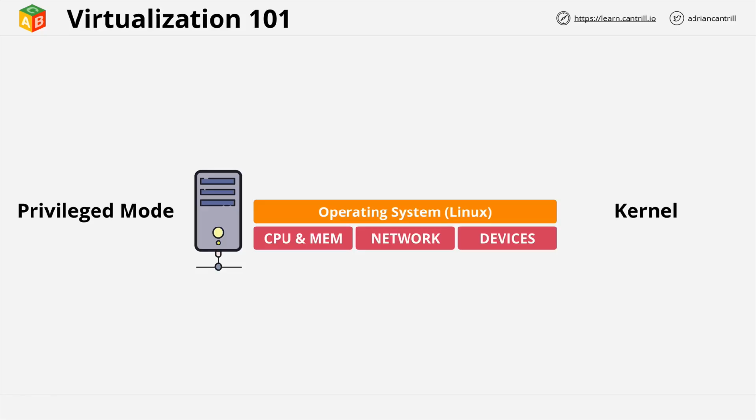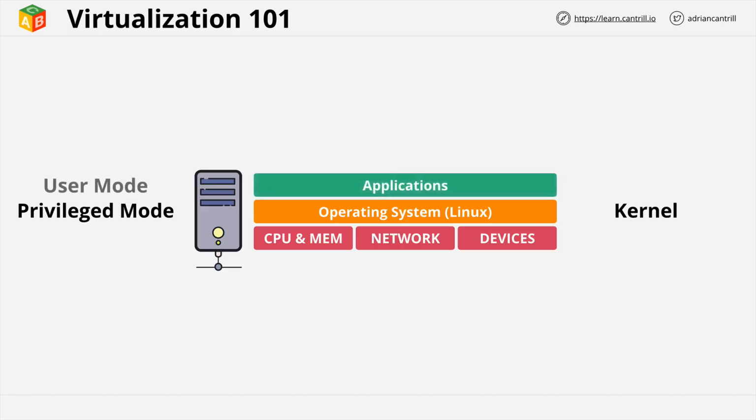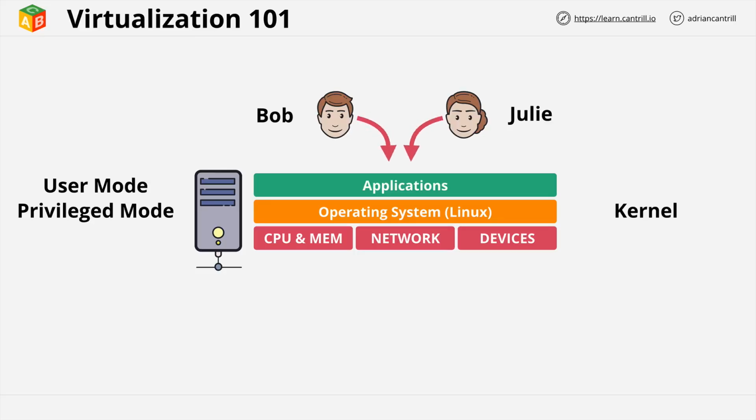Now, the operating system can allow other software to run, such as applications, but these run in user mode or unprivileged mode. They cannot directly interact with the hardware. They have to go through the operating system. So if Bob or Julie are attempting to do something with an application which needs to use the system hardware, that application needs to go through the operating system.